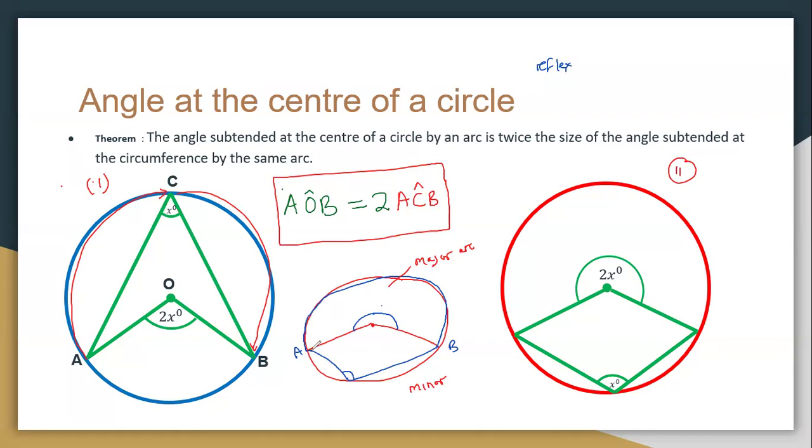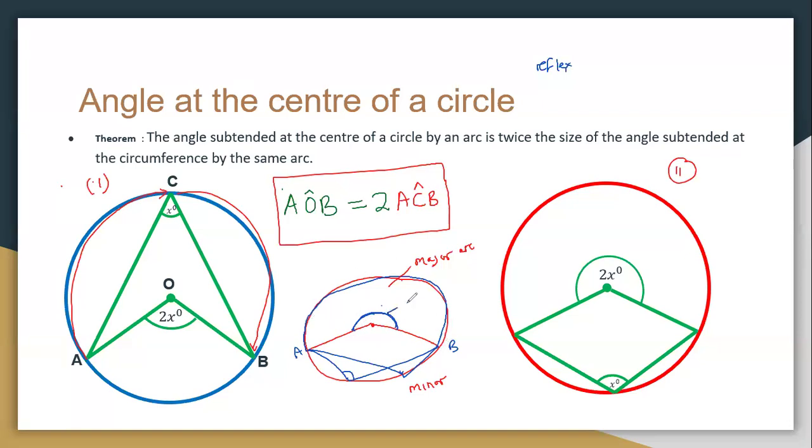Even if I draw like this, as long as that angle is formed in the minor arc, it is always half. But I don't want you to confuse it: here this is the major arc, and this angle is reflex. It is beyond 180, and it is being formed by the major arc.